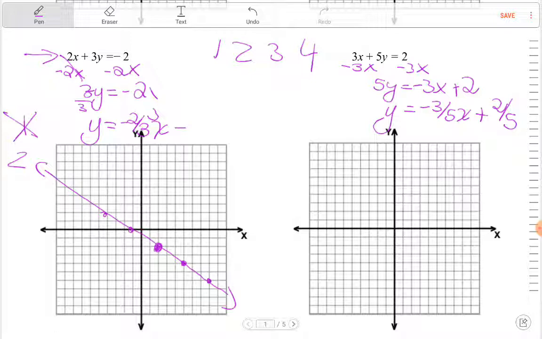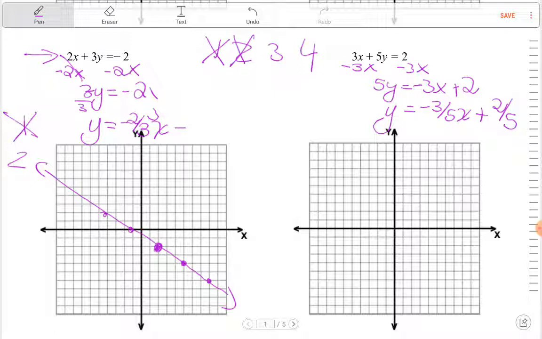Let's plug in. I'm going to go with 1, -3/5 plus 2/5 is -1/5. 1 doesn't work. 2, -3/5 times 2 is -6/5. Plus 2/5 is -4/5, is not helpful either.